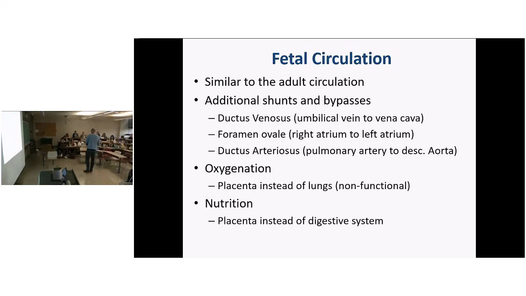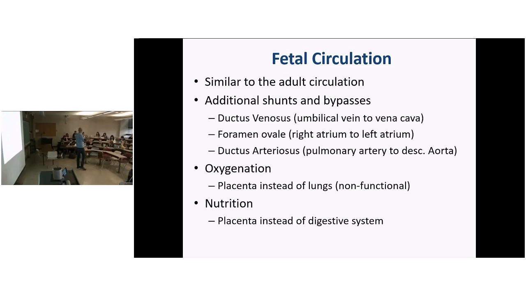At that point, it's not that important to have the separation of the blood into chambers in your heart, basically because all the oxygenated blood will come from the mother. It will basically come from the umbilical cord. So there's not that much need for the heart to separate.